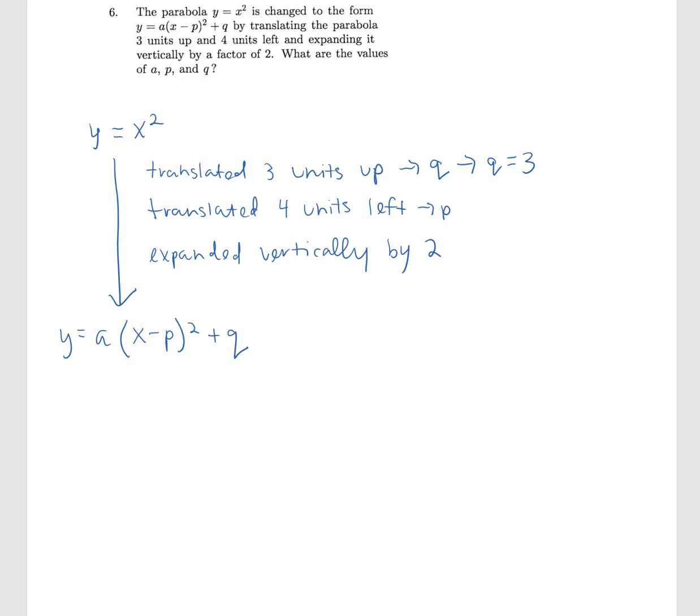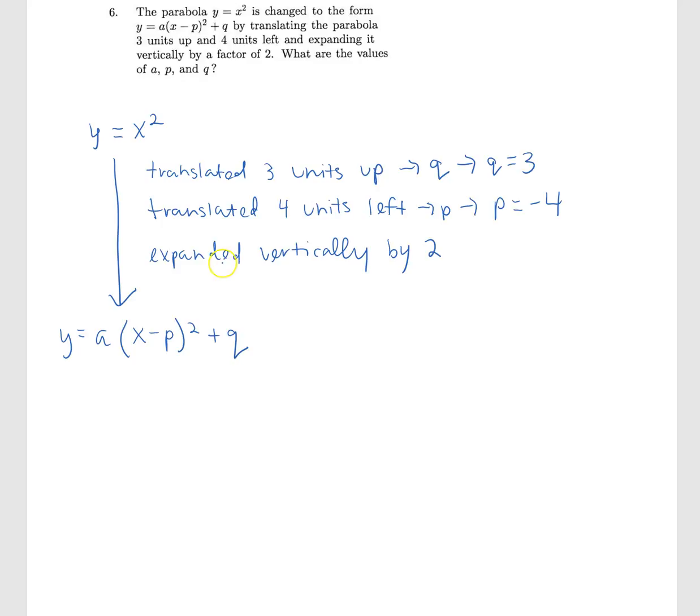So we can think of p in the same way as we thought about q, where if we're moving to the left, it's negative. If we're moving to the right, it's positive. So in this case, we move to the left, so p is equal to negative 4. And when we plug that back in, of course, these negatives are going to cancel out, and we're going to be left with x plus 4 in our equation.